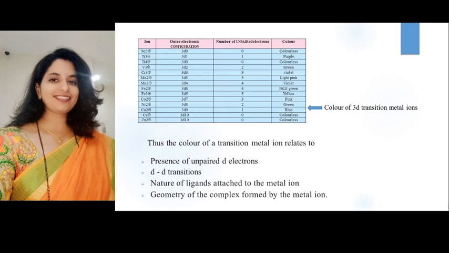Color due to d-to-d transition is shown by transition metal compounds containing d1, d2, d3, d4, d5, d6, d7, d8, d9 systems. The compounds containing d0 and d10 configurations are colorless as there is no possibility of d-to-d transitions.